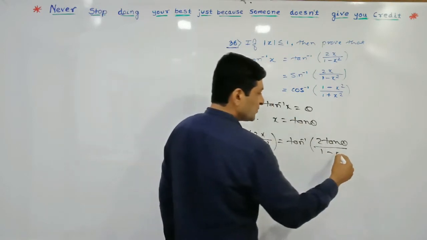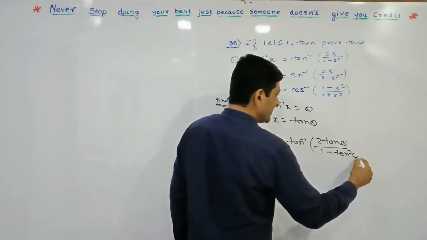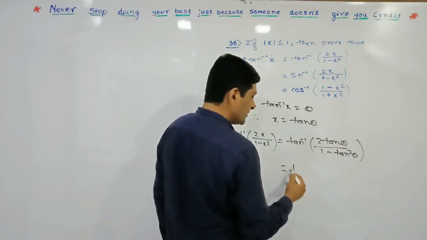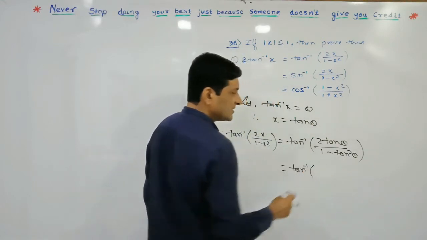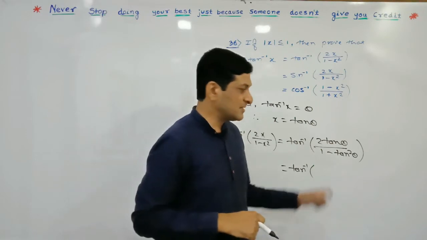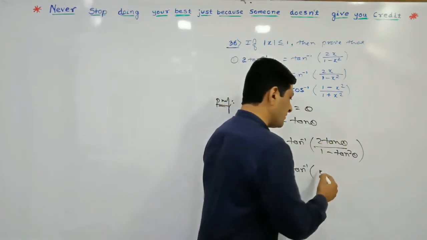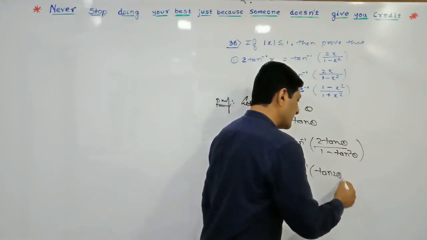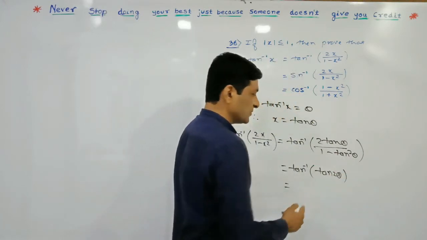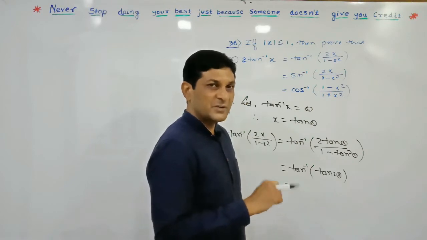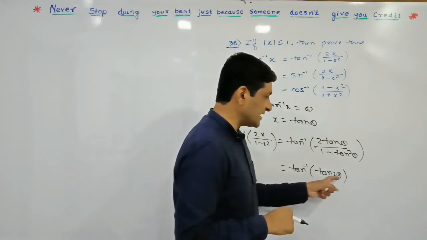So x square means what? Tan square theta. We know the double angle formulas. According to double angle formulas, the value of tan 2 theta is nothing but 2 tan theta upon 1 minus tan square theta. So this is nothing but the value of tan 2 theta. According to the property of inverse trigonometric functions, tan inverse and tan will get cancelled.